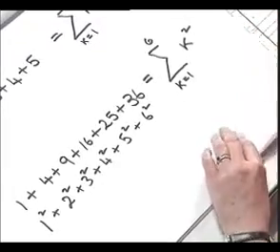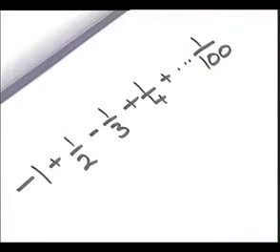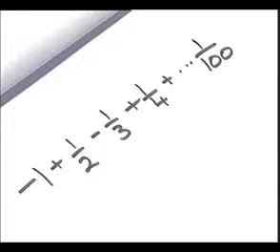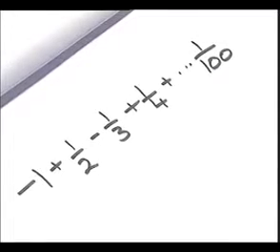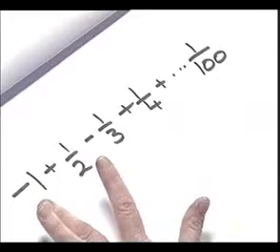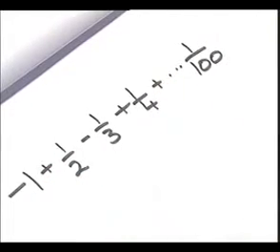But what about these ones? This is a long sum. What's different about this? It's got fractions, and it also has alternating signs. Negative, positive, negative, positive, negative, positive, and so on.